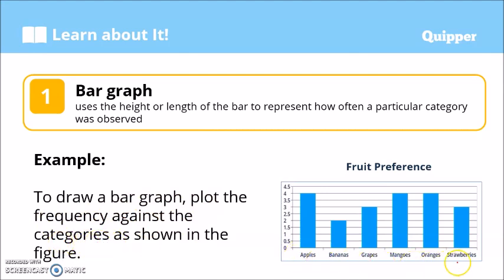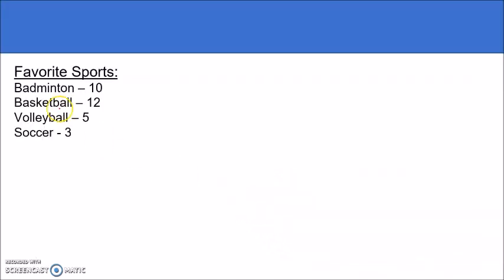So we put the categories here and the frequency right here. Now, take a look at the frequency. The lowest is 3 and the highest is 12. So maybe we can have the maximum for the frequency at, let's say, 15 or 14. So we can have intervals of 2.